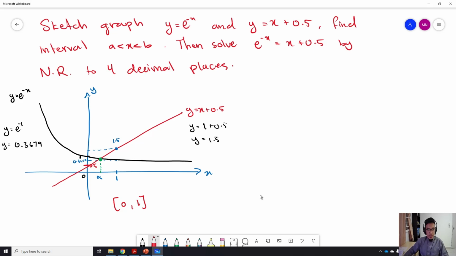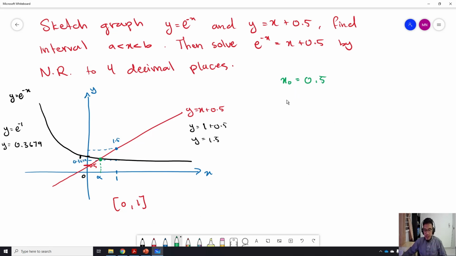Next is to solve the function to find the approximation of the root. To find the approximation, we take x0 equal to 0.5, the middle one between 0 and 1.